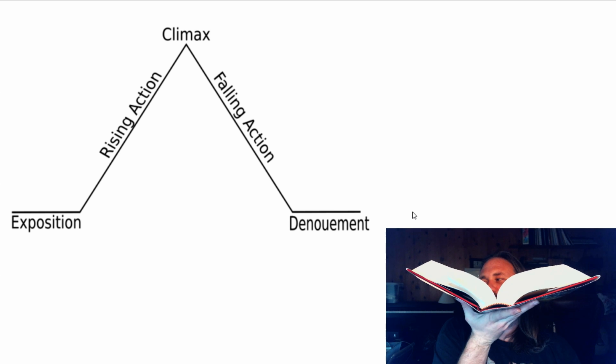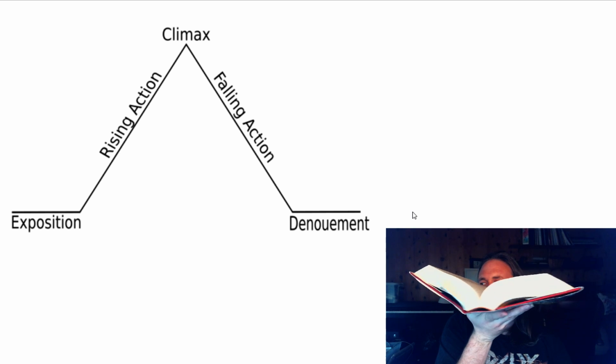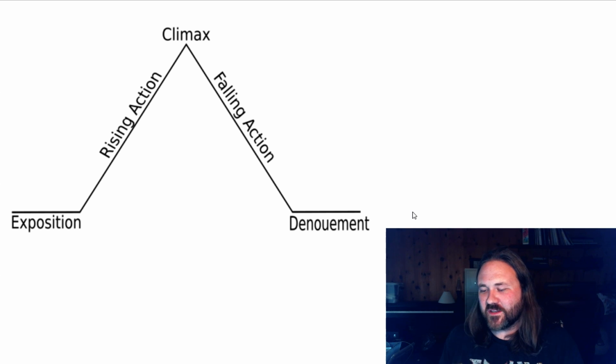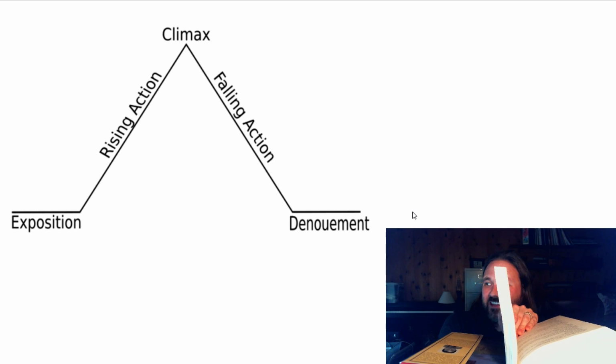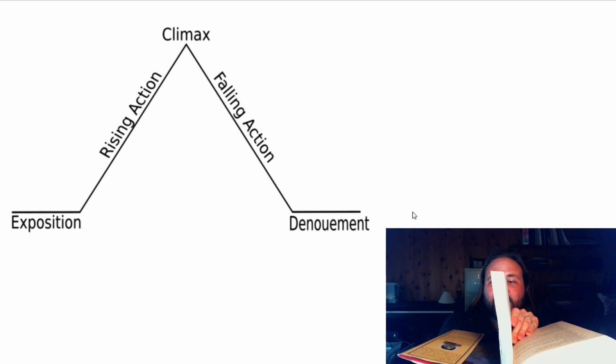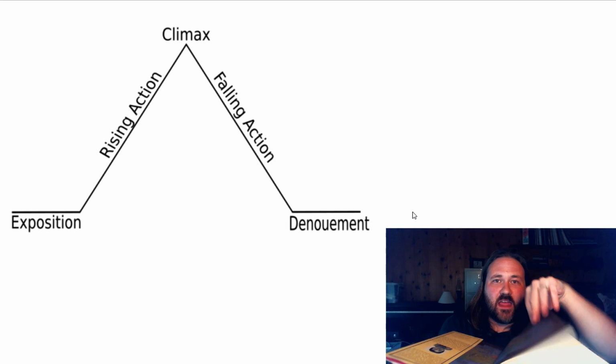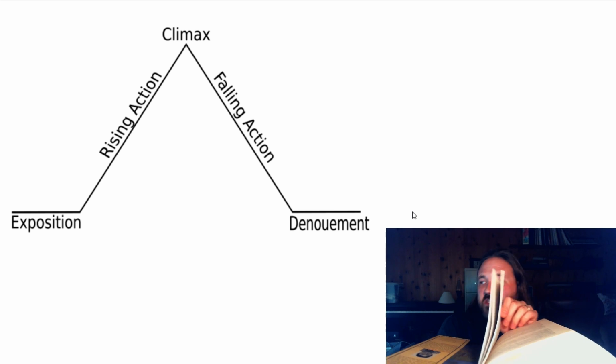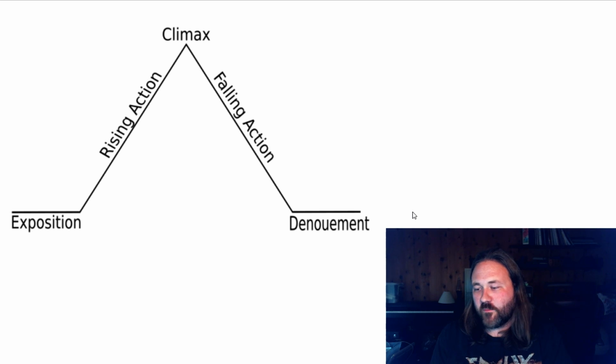Boy, that is quite a lot of book left for falling action and denouement. In reality, in this book, the climax is like this. That's the entire climax in this book. And the resolution is like this much. It's like 20 pages. So the resolution is actually very, very small.